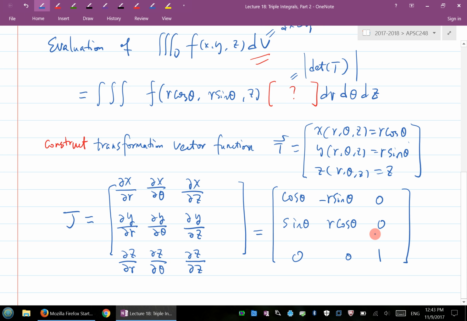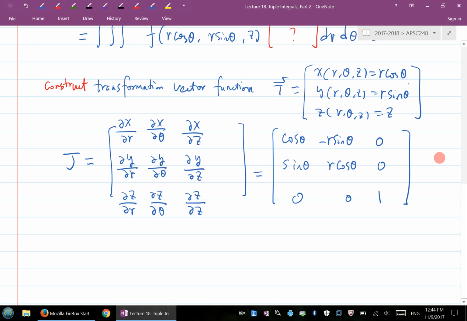So here's your Jacobian, and then we calculate this determinant. That is easy because it's a very special matrix, the last row here has only one element, 1. So the determinant basically is the determinant of the 2 by 2 times 1. Okay, so the determinant of the Jacobian will be basically equal to r.